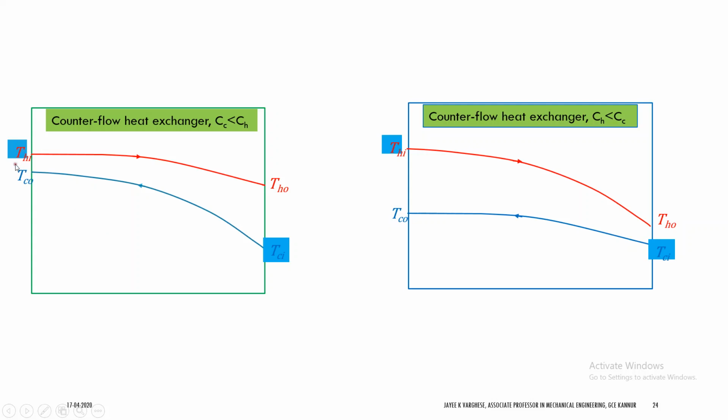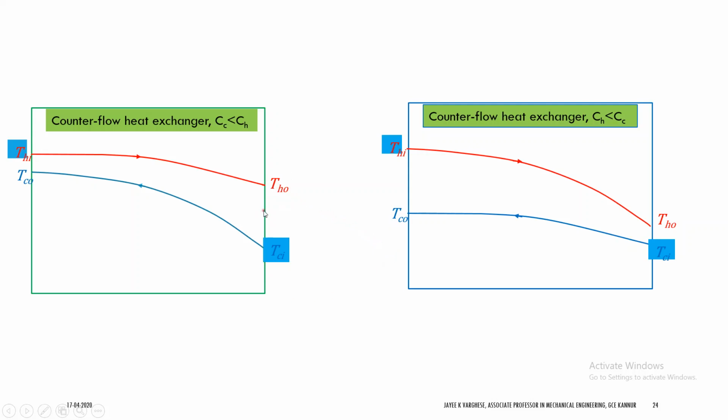The fluids are supplied at their inlet temperatures, T hot in and T cold in. Now if the length is increased, this hot outlet temperature corresponds to a length of 1.5 meter. If it's increased to 2 meter or 3 meter, what will happen? This temperature THO will decrease further to some other temperature.